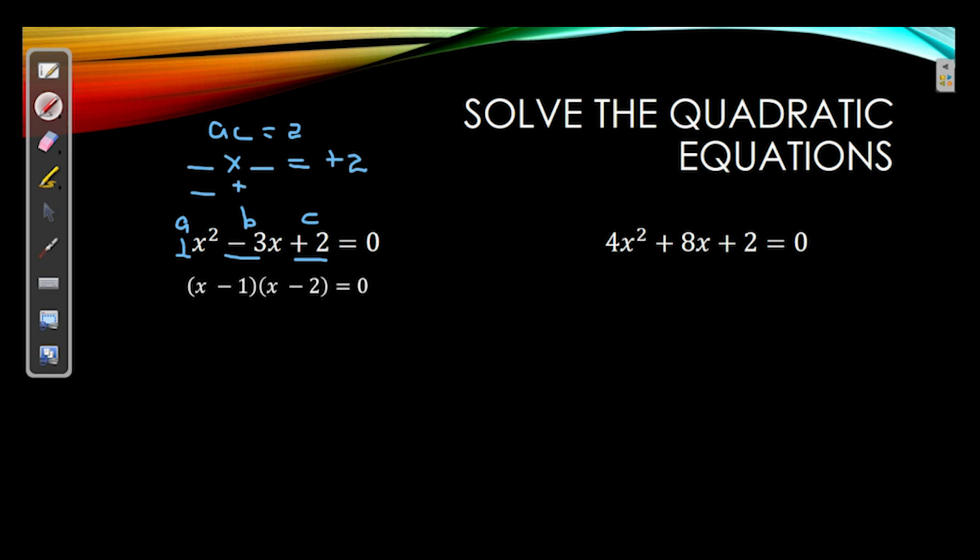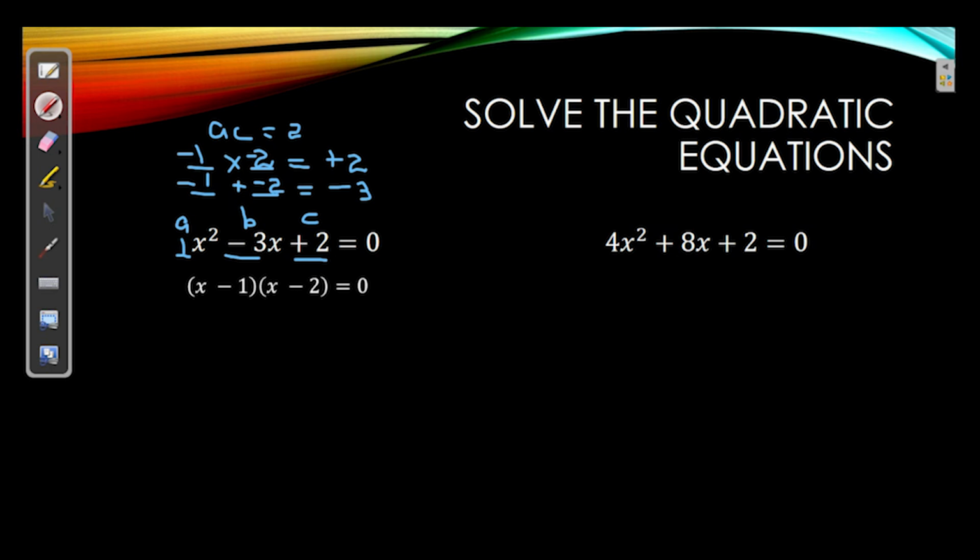There's only one pair of factors that gives positive 2, and if we want a sum of -3, we need to make these two numbers negative. We use a product of -1 by -2 to give us +2, and the sum of these two numbers gives us -3.